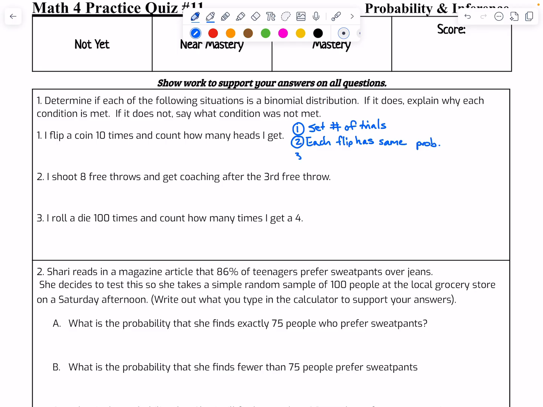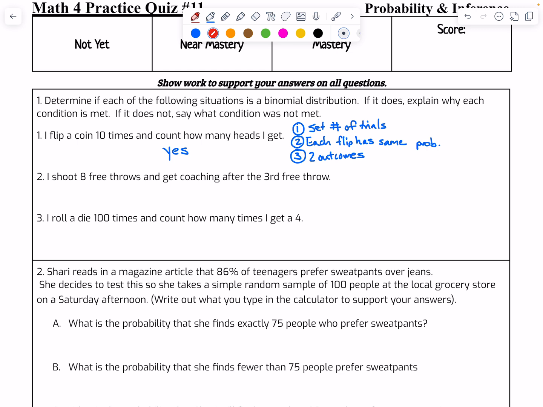And then number 3, there are 2 outcomes is what we're looking for. So I get heads or tails. So 2 outcomes. So those are the 3 things that we're looking for. So that one does qualify as a binomial distribution because all 3 of those conditions were met.